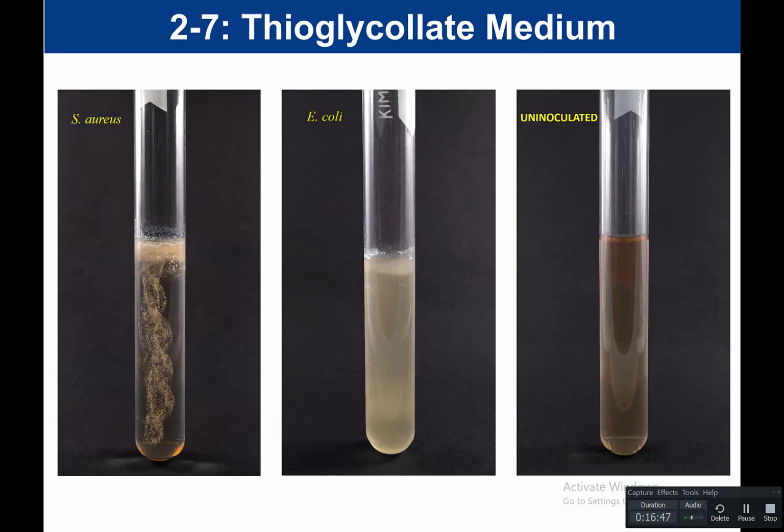So this is just to show you some examples of these thiobroths. We have our Staph aureus, which notice has a kind of funky appearance, but basically you're seeing that it grows in the anaerobic. It also grows in the aerobic. Same thing if I look at E. coli. Grows aerobically. Notice both of these grow better aerobically than they do anaerobically.